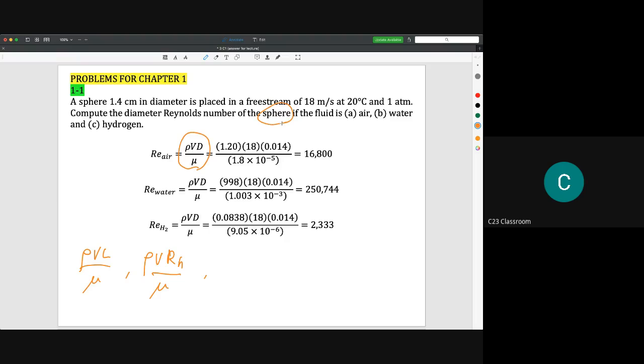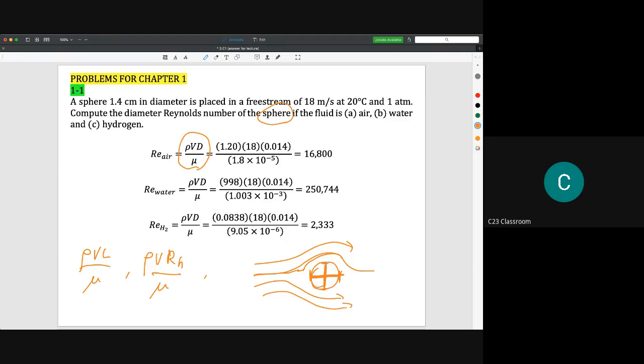Actually, we have a sphere located in the flow like this. The diameter here reflects the distance the fluid travels from the starting point to the end point, and with a sphere, the diameter is constant in any direction.